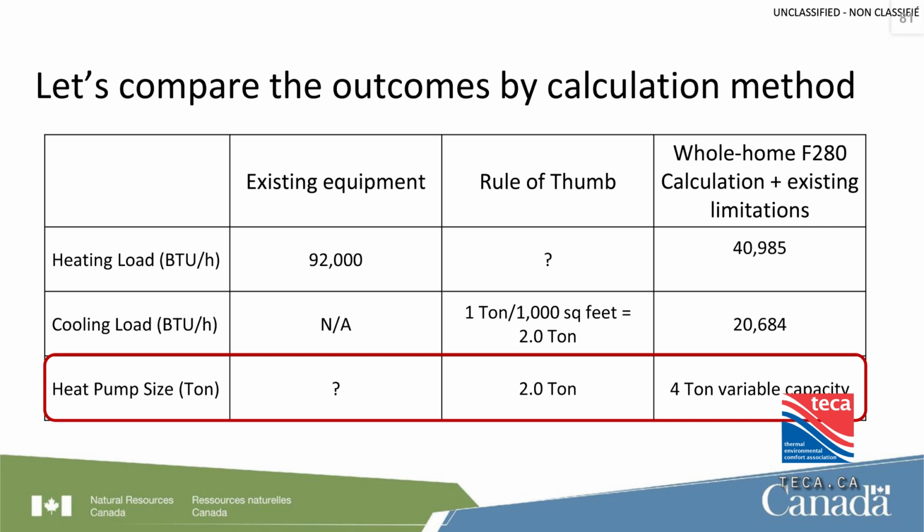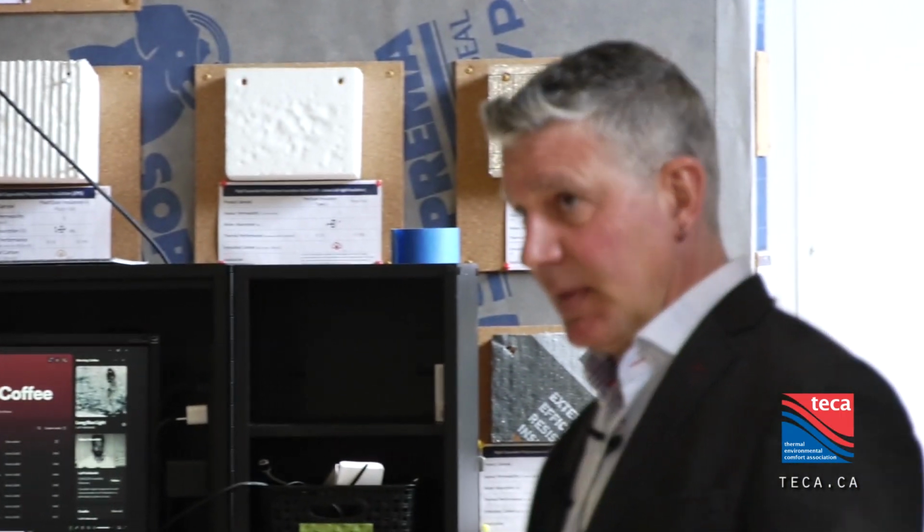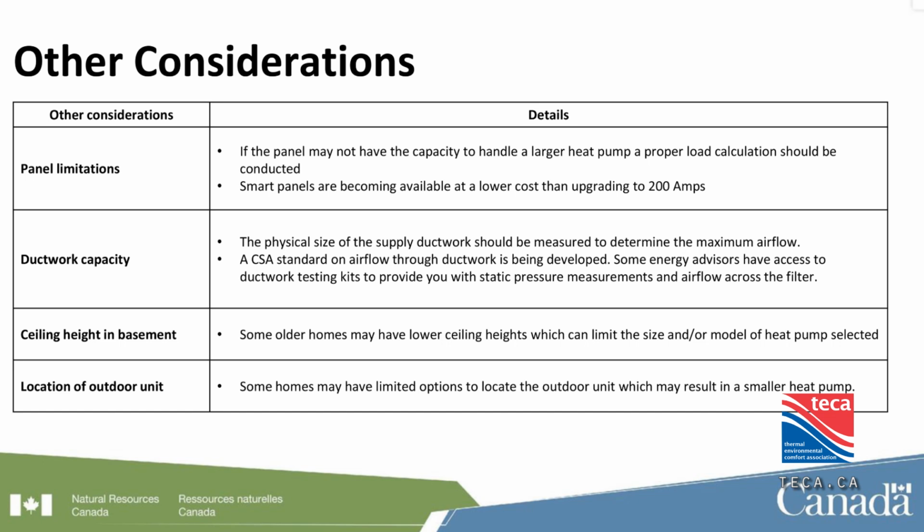But if you look at the heat loss and heat gain numbers that we're actually getting, we can really zero in, and at this point we would see that a 4-ton variable capacity heat pump would be the best fit to cover the loads for this particular home. Okay, so 4-ton would be ideal at this point. There are other considerations too.